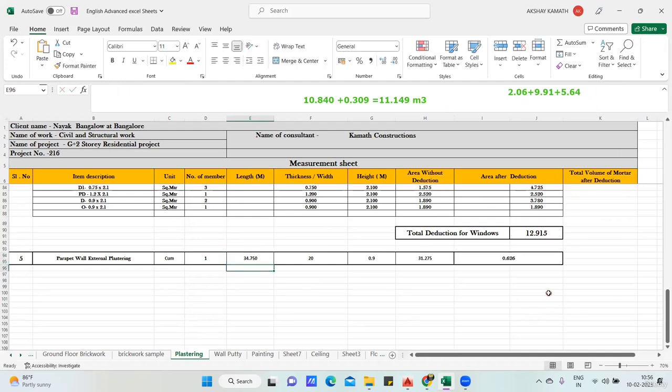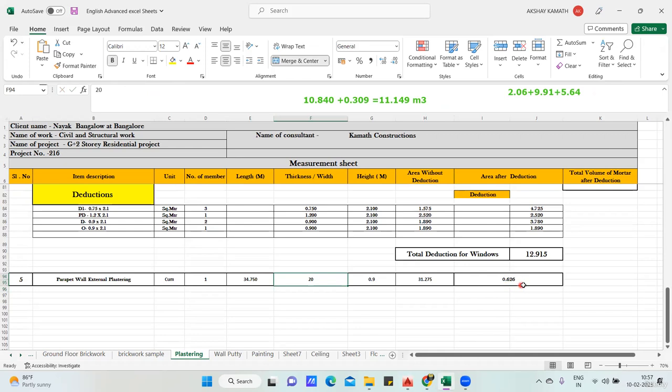So how much am I getting? The answer I'm getting is 0.626. So 0.626 is the answer I got.